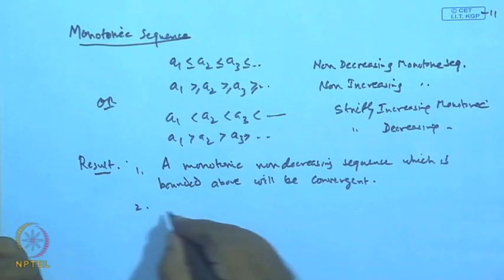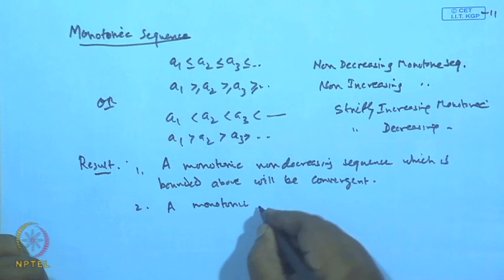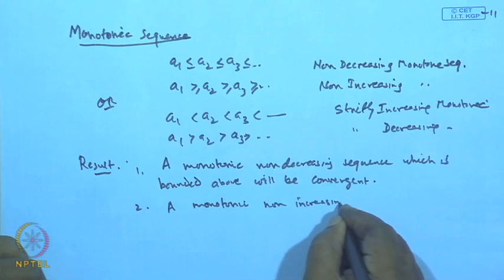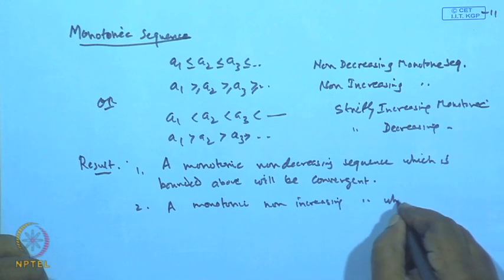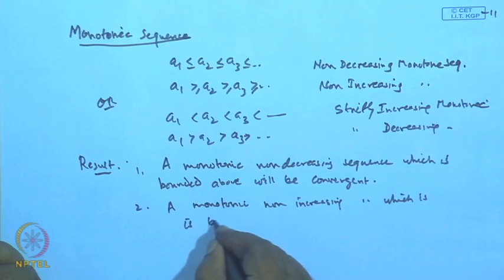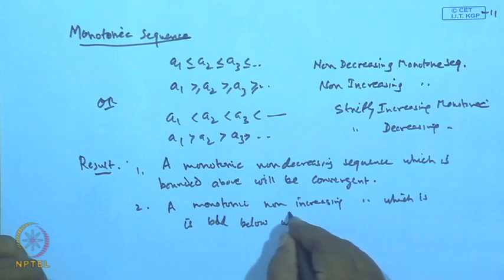Similarly, a monotonic non-increasing sequence which is bounded below will be convergent.